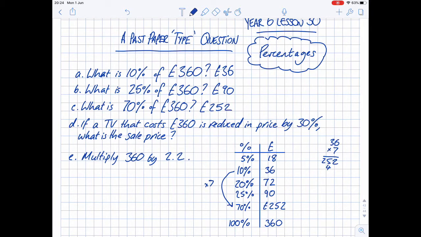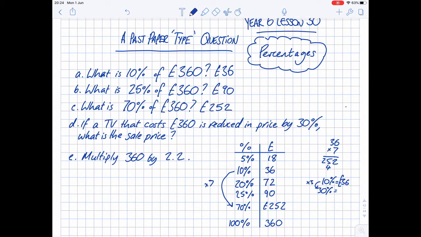Now, if a TV costs £360 and is reduced by 30%, what is the sale price? Okay, so 30% isn't the price of the TV, that's how much it's been reduced by, isn't it? So 10% is 36. Do it by here because I was running out of room. So to get to 30%, I need to multiply that by 3. So I need to multiply the amount by 3.